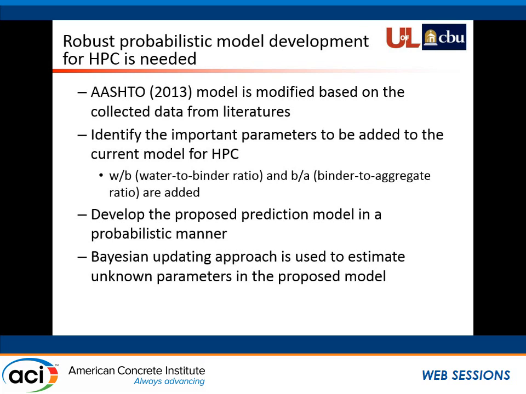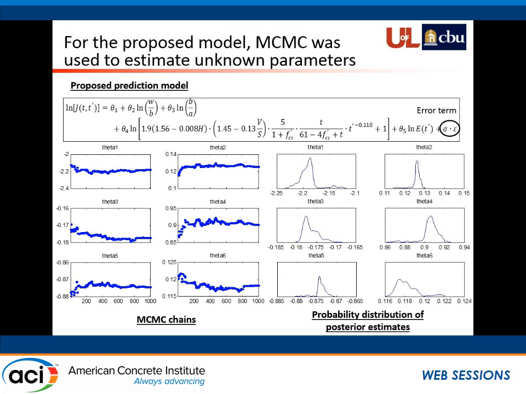I'm going to show you what the model looks like and how those parameters look. This is the proposed prediction model, quite busy, but as you can see, everything up to this large bracket is the phi model, the current AASHTO model. Because of the conversion from phi to J, the compliance function, we have phi plus 1 divided by Young's modulus E here.